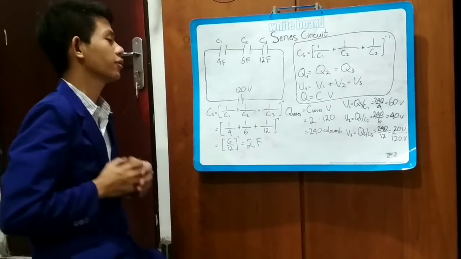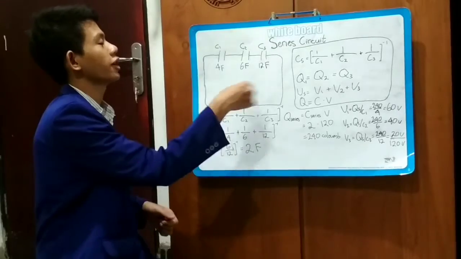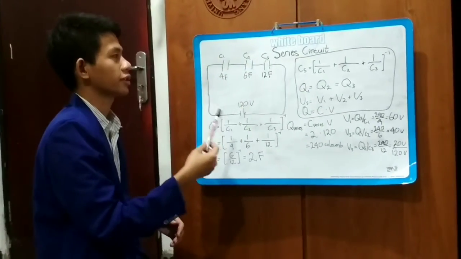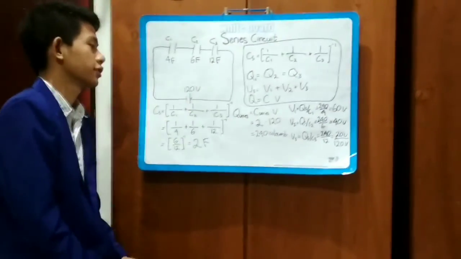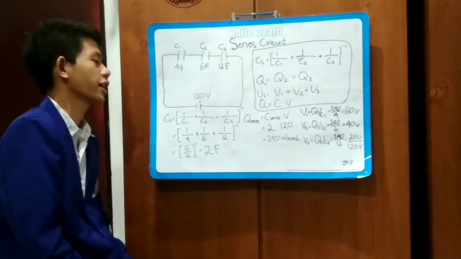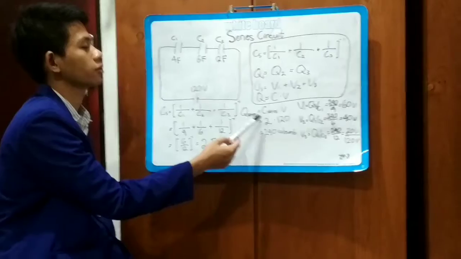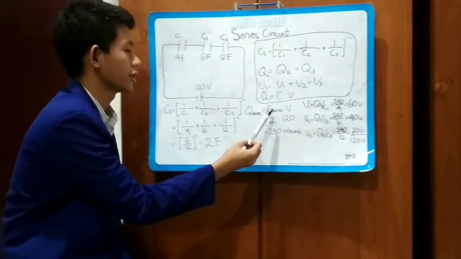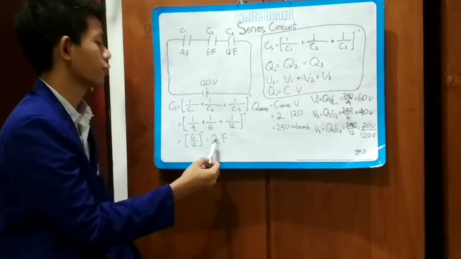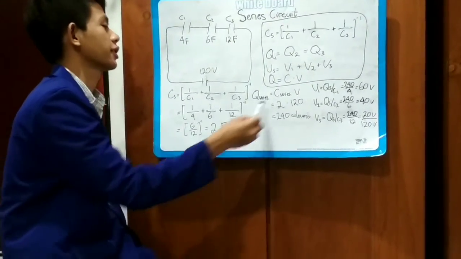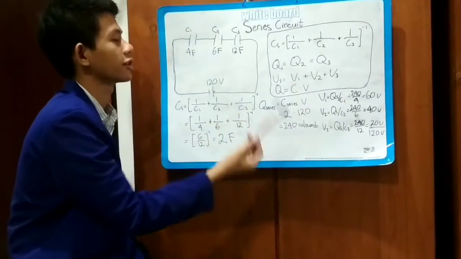Okay, now we can calculate the charge stored in this circuit. So the formula is, the charge in series circuits is equal to the capacitance in series circuit, which is 2 farads, times the voltage of the battery.